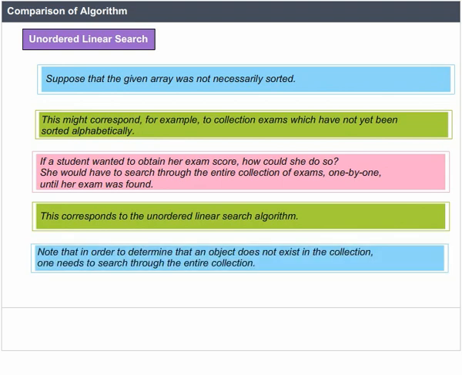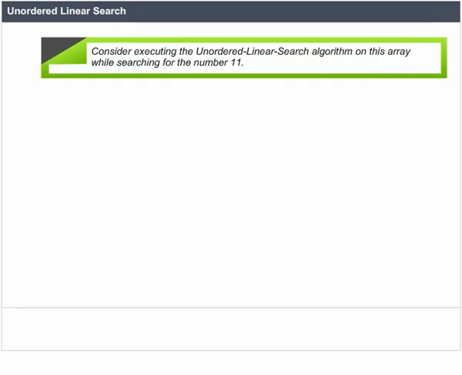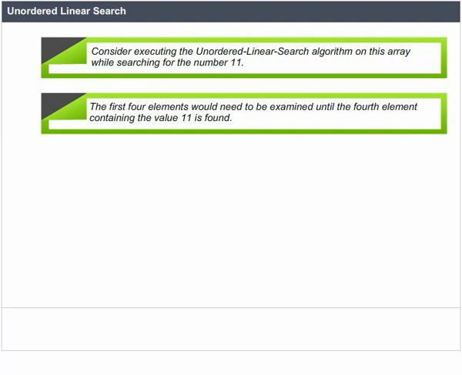Note that in order to determine that an object does not exist in the collection, one needs to search through the entire collection. Unordered linear search. Consider executing the unordered linear search algorithm on this array while searching for the number 11. The first four elements would need to be examined until the fourth element containing the value 11 is found.